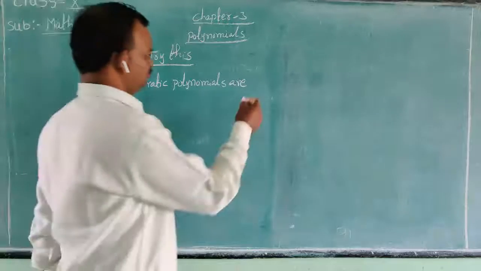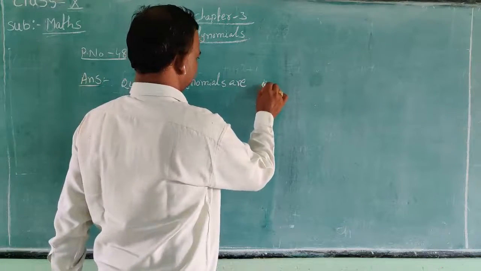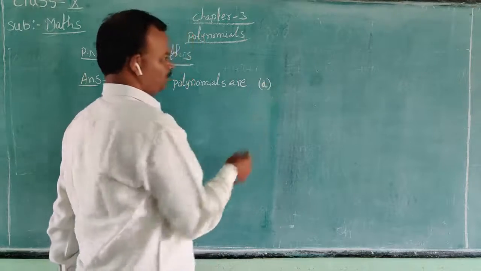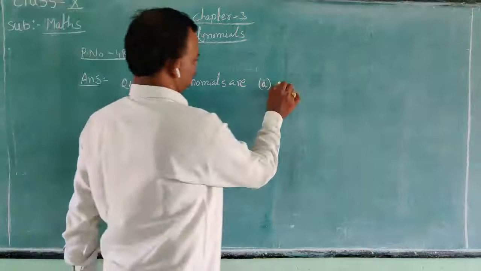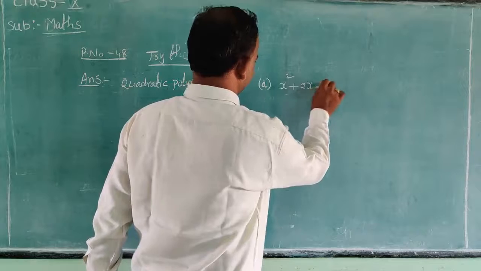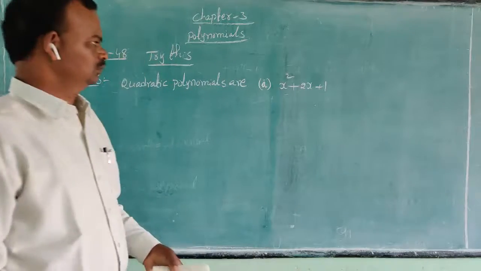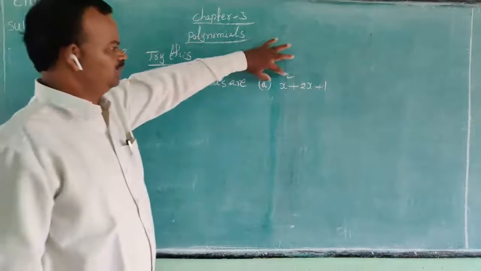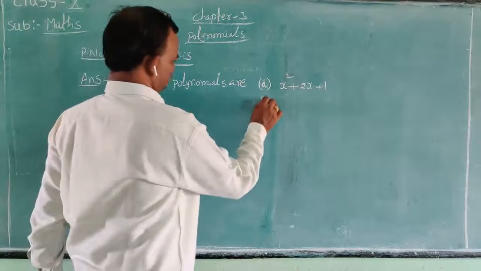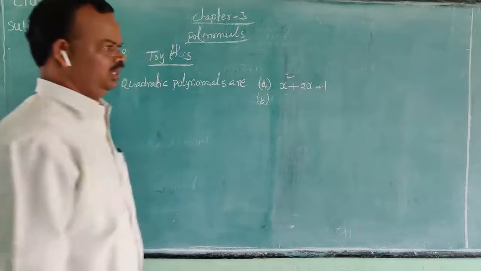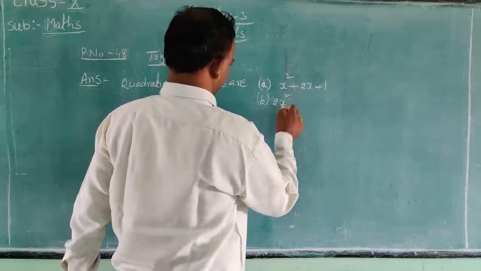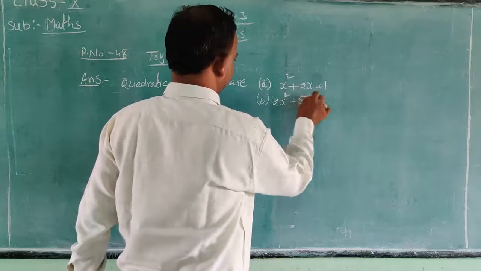Quadratic means it has power 2. So the first one is x square plus 2x plus 1. The highest power is 2, so it is a quadratic. The second one is x square plus 5.